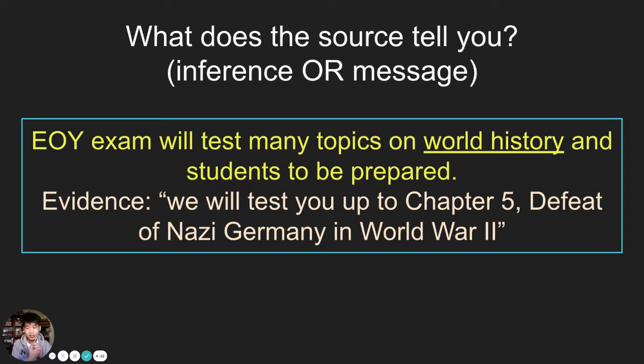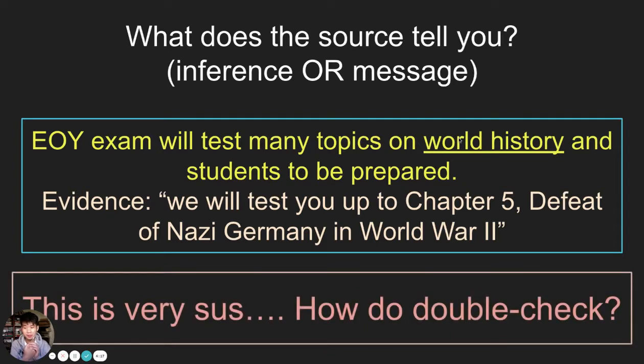At this point, all your alarm bells should be ringing. You should be thinking to yourself, this is very suspicious. Because why? Why is it suspicious? Because you've never heard Nazi Germany until this lesson, right? So how can it be that it's going to come out in end of year?